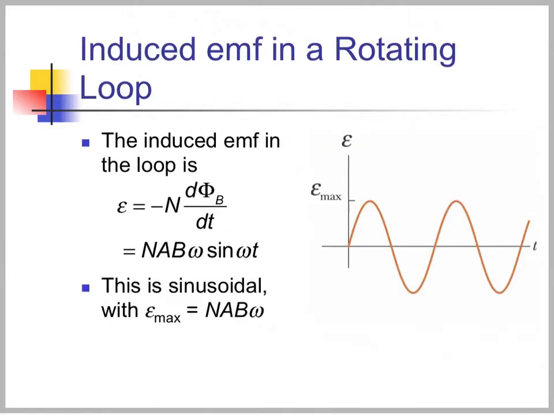The induced EMF in the loop is then negative N d flux dt. Taking the derivative of the cosine, we get a sine, and so we get NAB omega sine omega t. So this is a sinusoidal electromotive force. The maximum value is NAB omega, and it varies with frequency omega.